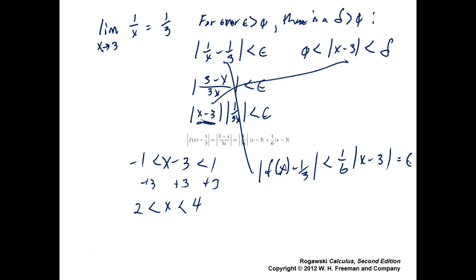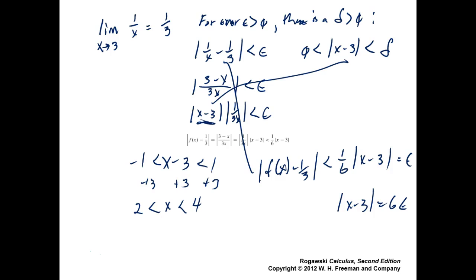Set that equal to epsilon. Then multiply both sides by 6, and you get absolute value of x minus 3 equals 6 epsilon. So give me as small an epsilon as you want. Either the delta's got to be less than 1, which is what we did at the beginning, or it's got to be less than 6 epsilon. So if you gave me an epsilon less, what did you give me before? 0.5?